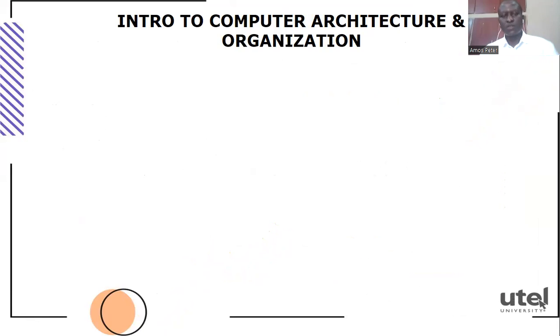We shall also attempt to find out what computer architects and organizers have in mind right from the onset, whenever they're set out to carry out the task of computer system design. And then we shall also briefly see the differences between computer architecture and computer organization based on certain important indicators or factors.